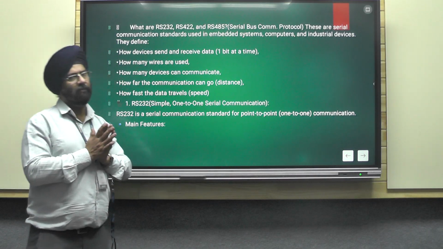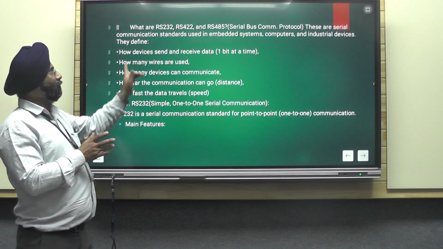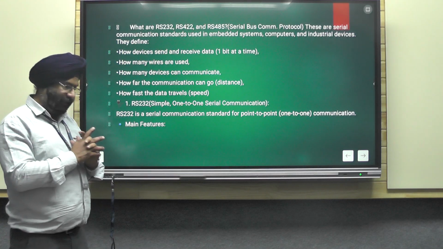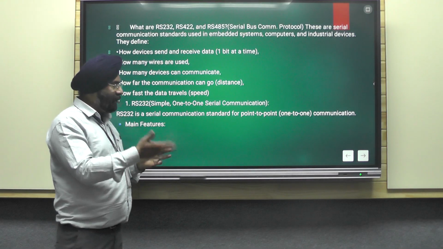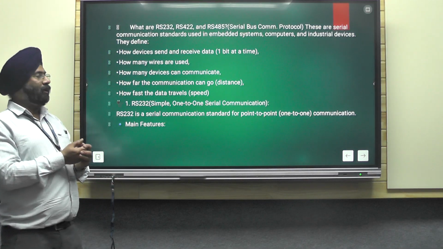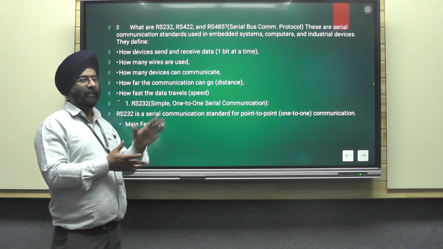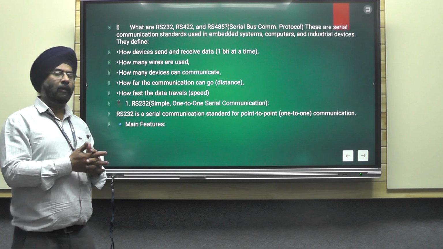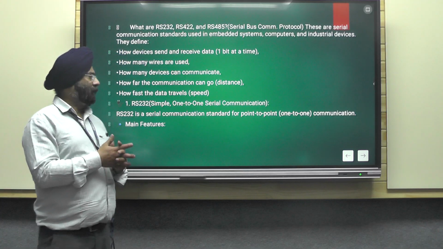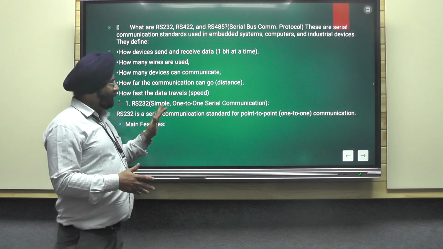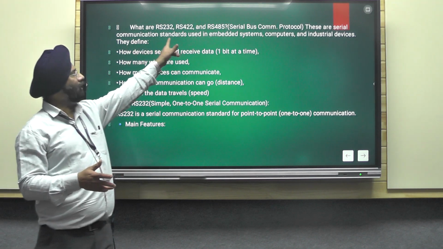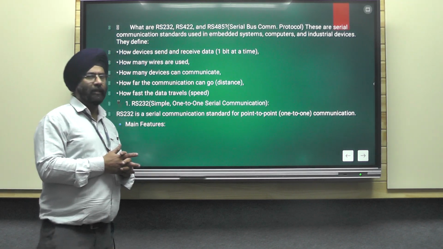It means the distance matters; the standards differ distance wise and speed wise. One more criterion to distinguish these standards is how much speed they carry. Ultimately, we need high speed, how fast the data travels. On these four criteria, we distinguish all three recommended standards.